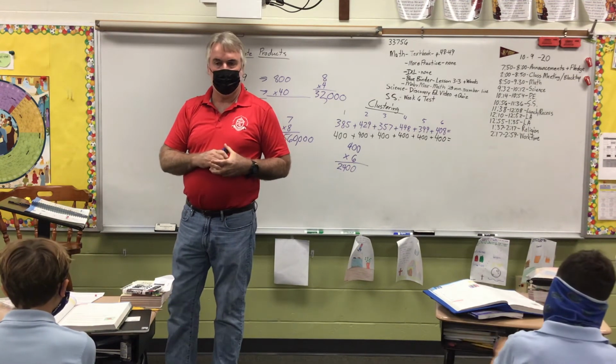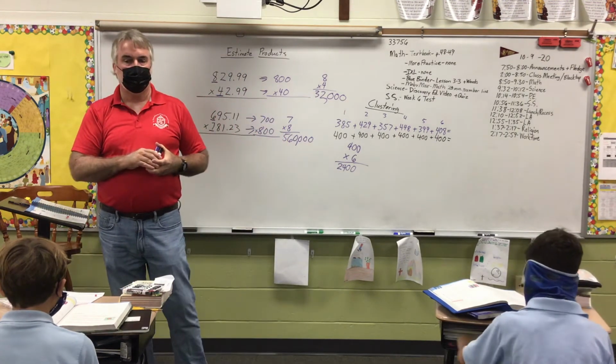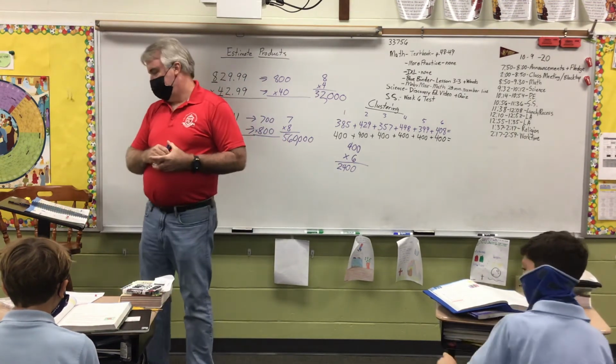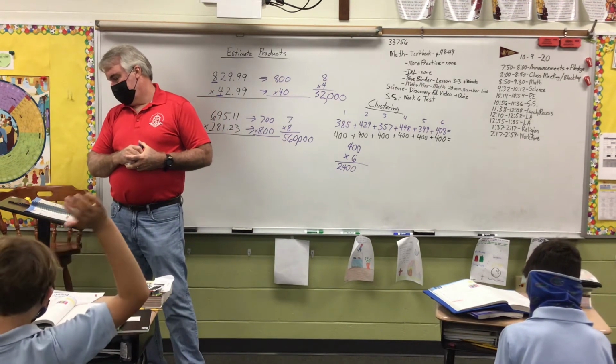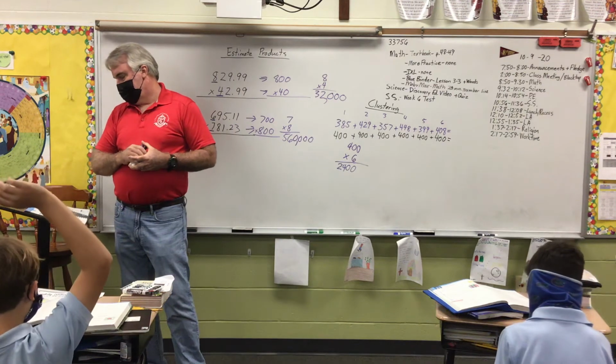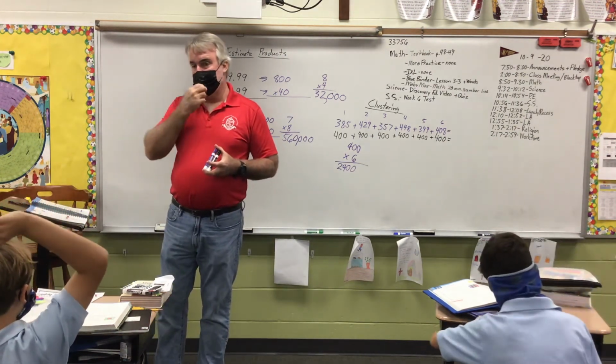Riley? My question is, for the answers on 13, 14, and 15, you want us to times it by how many there are. Number 13, each one of those is going to round to what? 30.